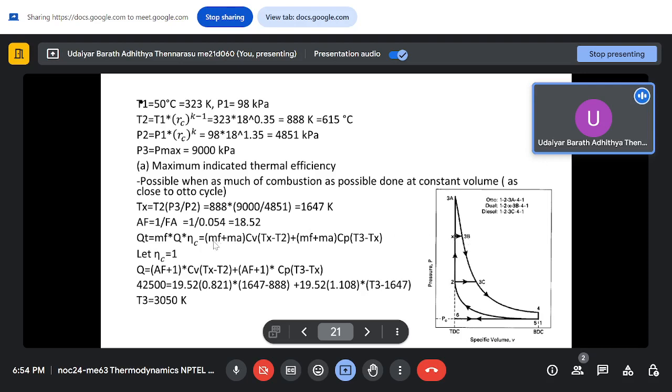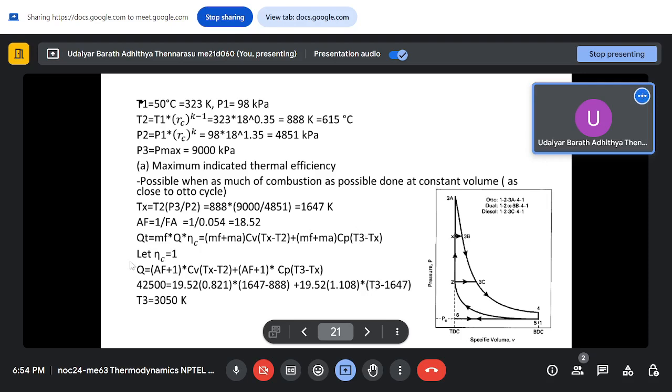So it is mass of fuel plus air into Cv into Tx minus T2, which is the constant volume isochoric process, and then Mf plus Ma into Cp into T3 minus Tx for the isobaric process. Substituting all the temperatures, we need to find T3.